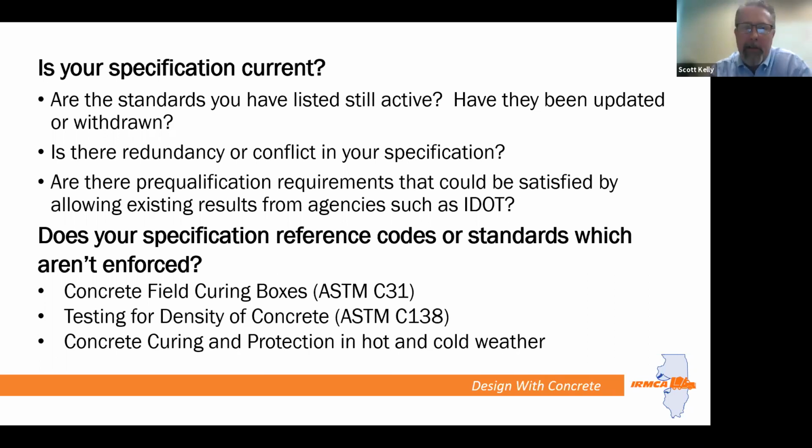We also see a lot of ASTM standards listed as part of a master spec, but in reality, some of these are overlooked as part of the acceptance process, and that may delay projects and add additional cost. An example of that is a temperature-controlled curing box, something that simple.